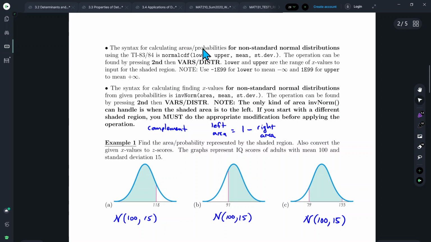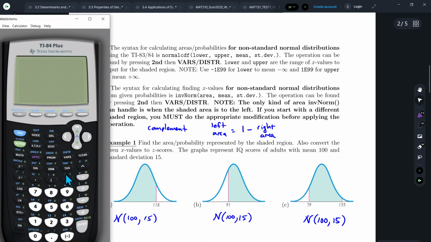If you're calculating probabilities, the operation is called normalcdf on the calculator. It's in the distribution menu. It's in blue above this button here, so you press second, then distribution, and it gives you a bunch of options. The one we want is normalcdf.